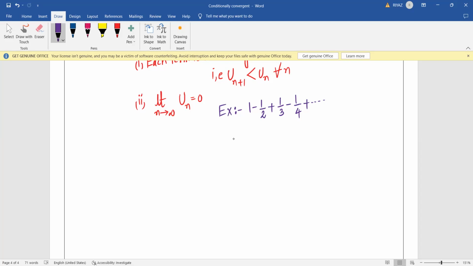We are going to check whether this particular series is convergent or divergent. So let me do this question.